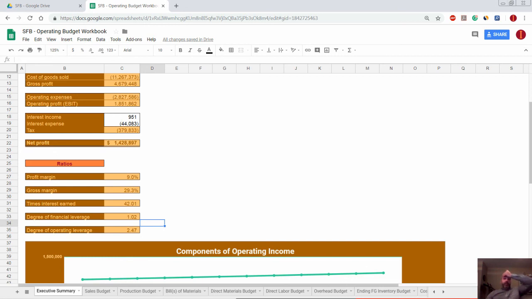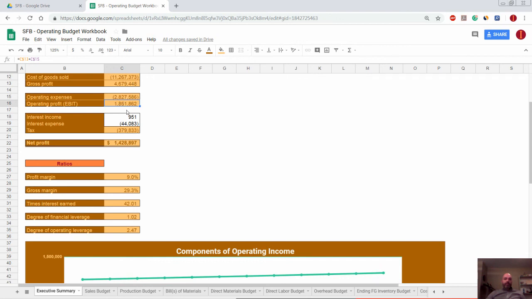the degree of financial leverage is the degree to which borrowing more will help you or hurt net profit. At 1.02, it means that any percentage change in operating profit will be amplified by 2%.